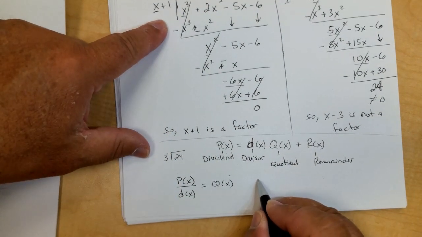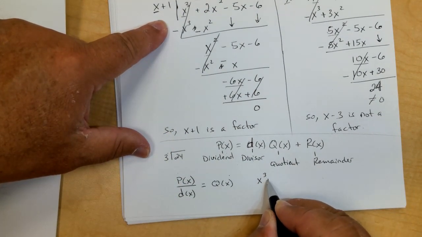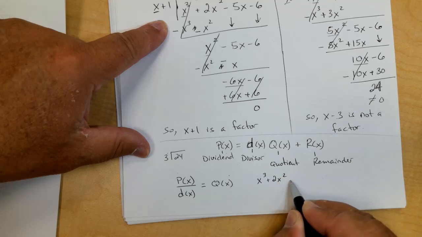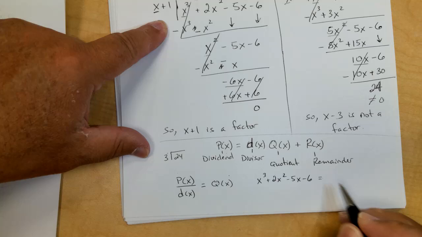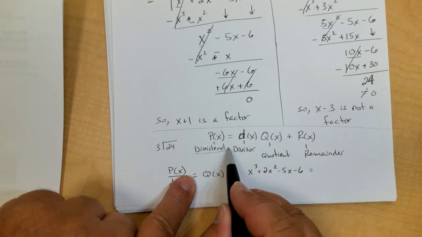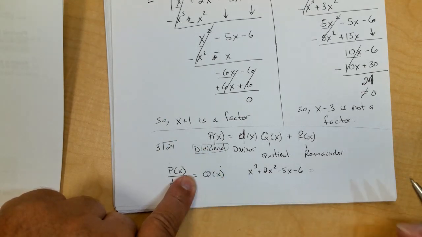We have here x cubed plus 2x squared minus 5x minus 6. That's the dividend, the big number we're dividing into.